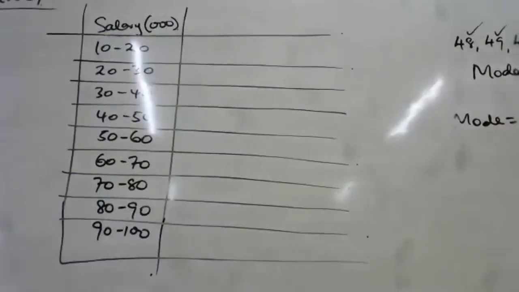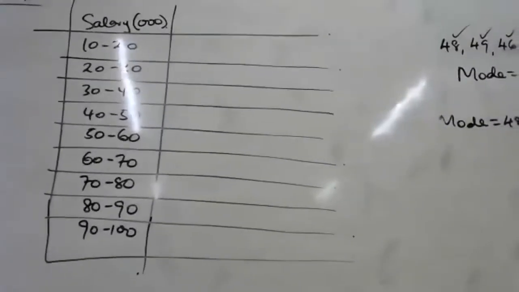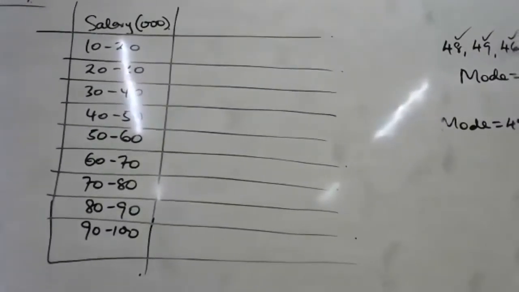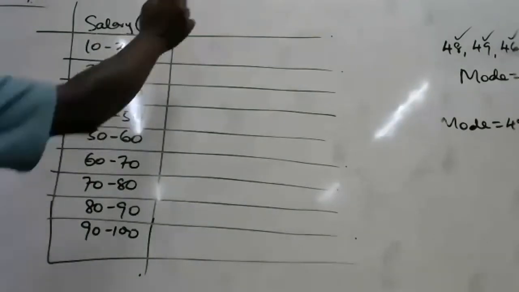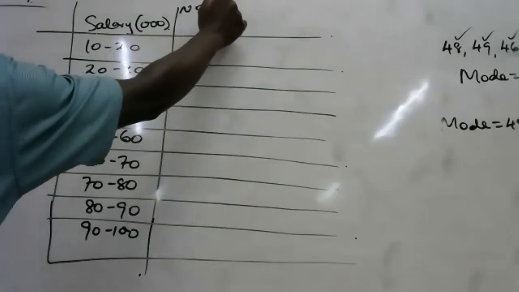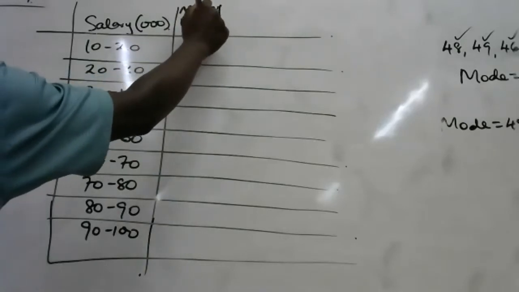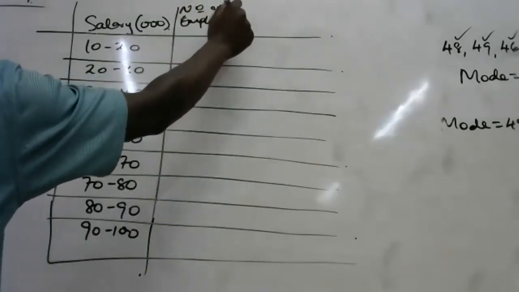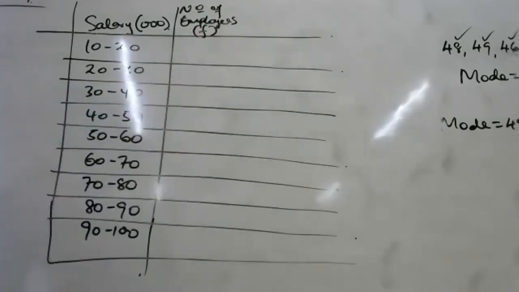I know there is a bit of reflection, but I hope you are able to see. Then we have got the number of employees. Nobody will tell you this is your F, but you need to know that that is always your frequency.